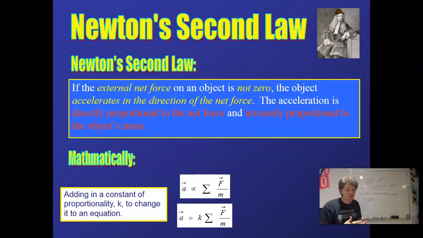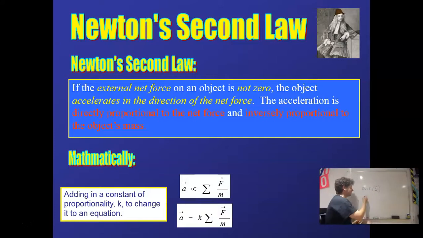So when we write this as an equation, we need to put in a proportionality constant to help us equate our units for whatever units we've chosen. So we'd have to write a equals a proportionality constant times F over m.